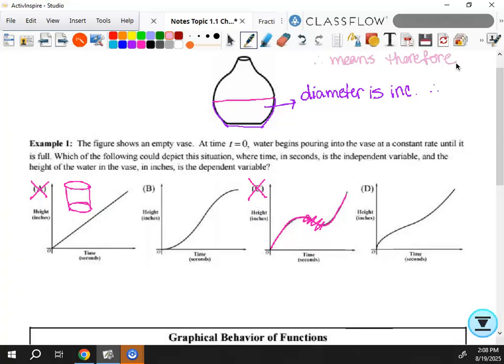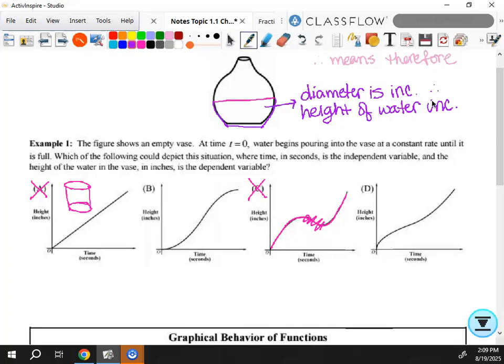So diameter is increasing. Therefore, the height of the water, here's what I know. The height of the water is increasing no matter what, right? I don't care how big or small that diameter is.